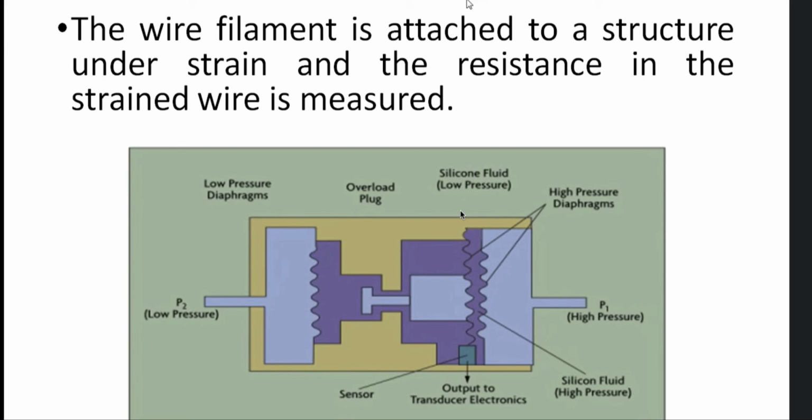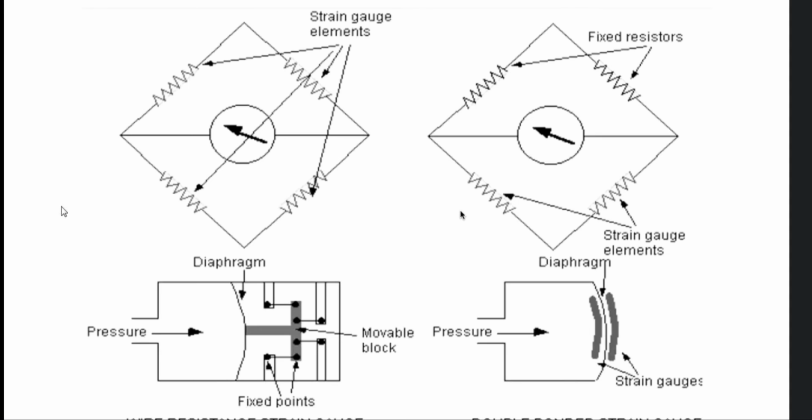This is the strain gauge. The wire filament is attached to a structure under strain, and the resistance in the strained wire is measured. Go through the diagram.